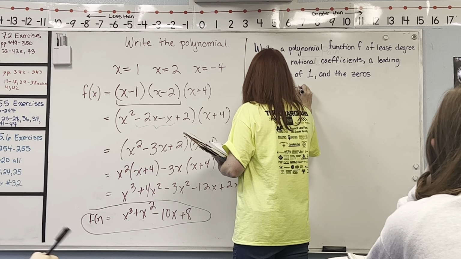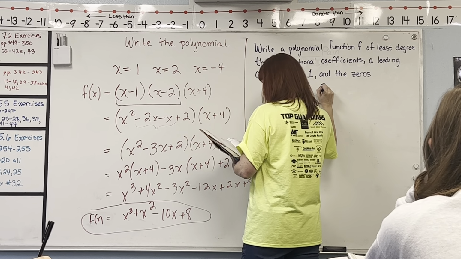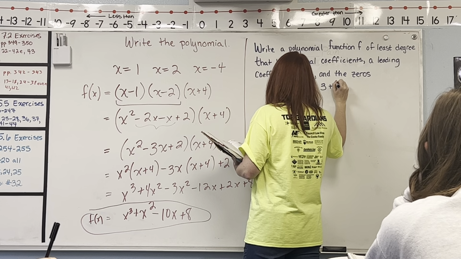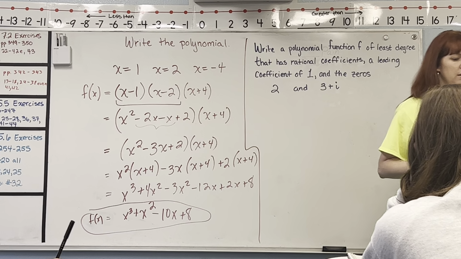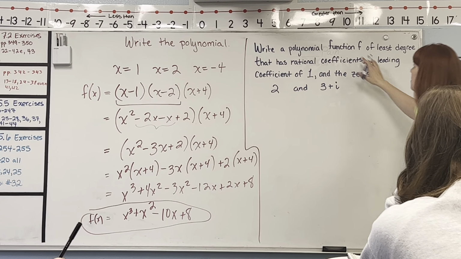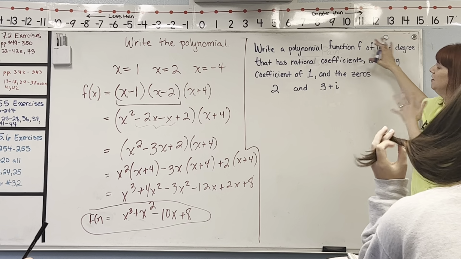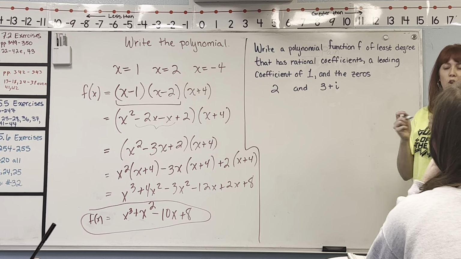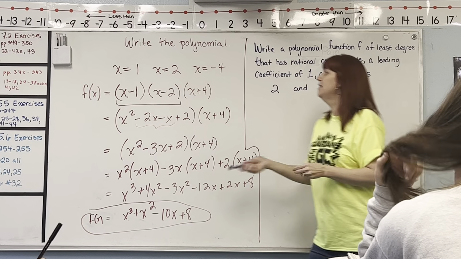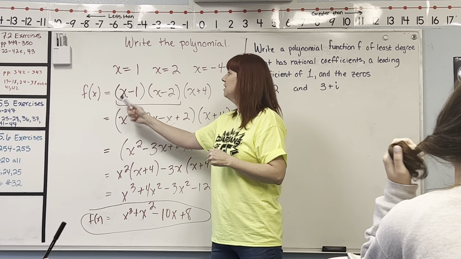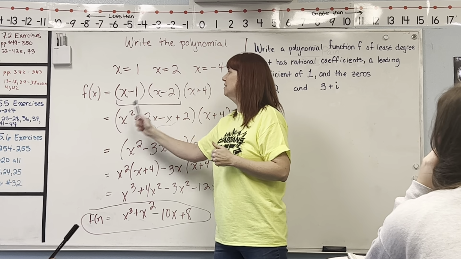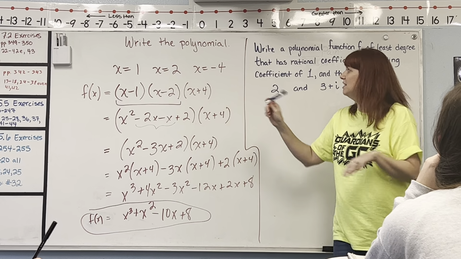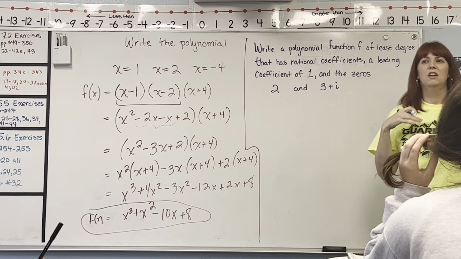Two and 3 plus i. All this mumbo jumbo up here doesn't matter. That's exactly what this is: don't overcomplicate the problem. Don't make this x times da da da da 2x, don't add anything to it, because you can still get these solutions with leading coefficient of 1.